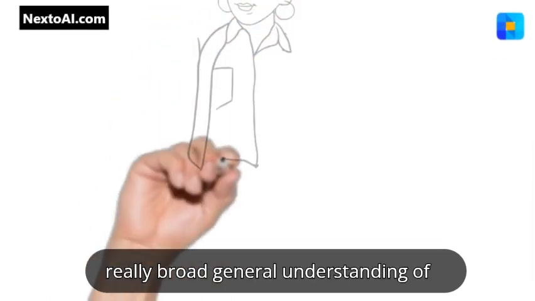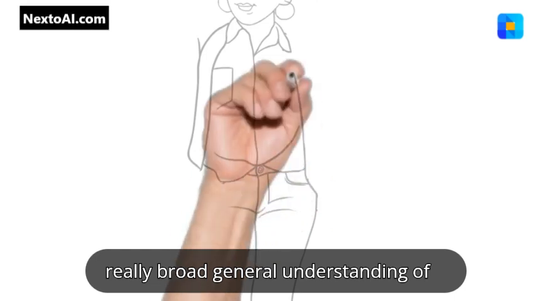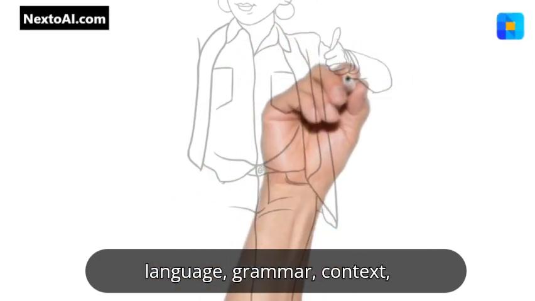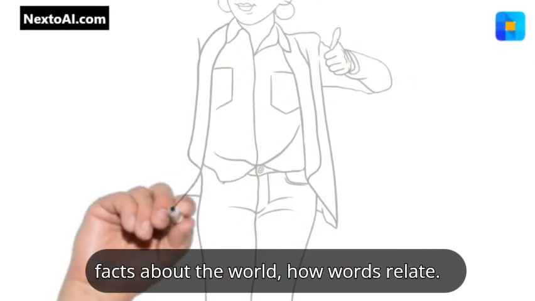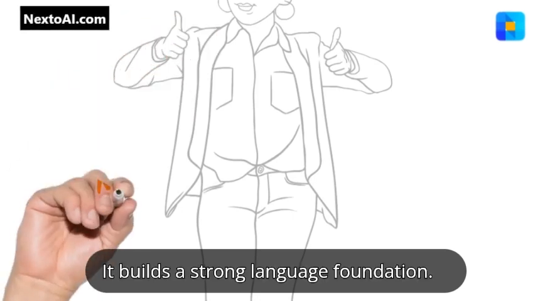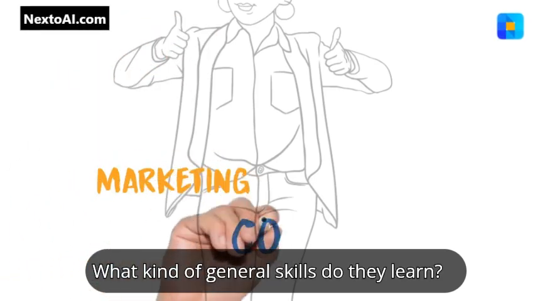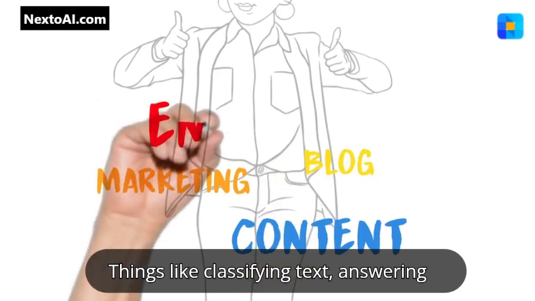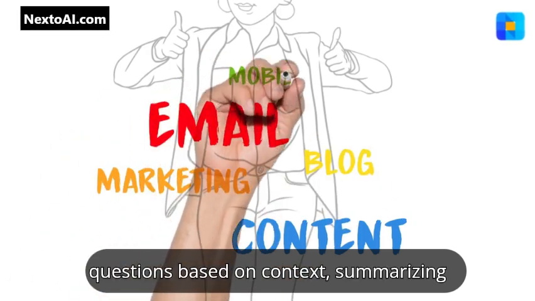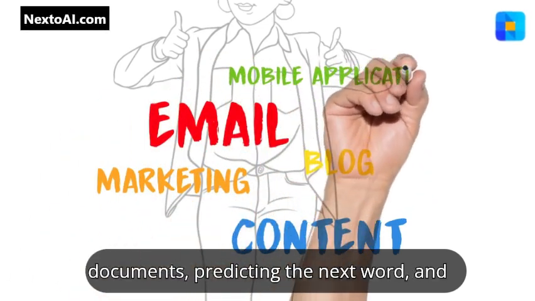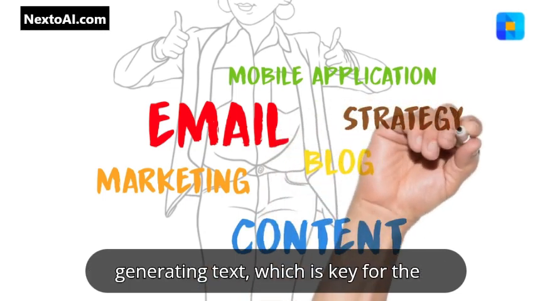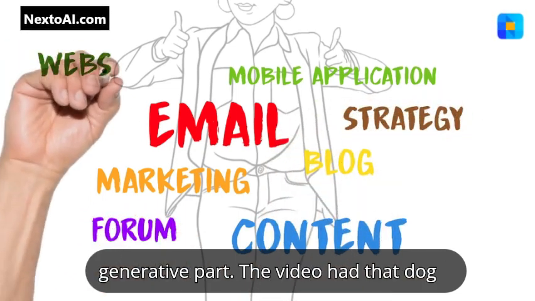It gives them a really broad, general understanding of language. Grammar, context, facts about the world, how words relate. It builds a strong language foundation. What kind of general skills do they learn? Things like classifying text, answering questions based on context, summarizing documents, predicting the next word, and generating text, which is key for the generative part.